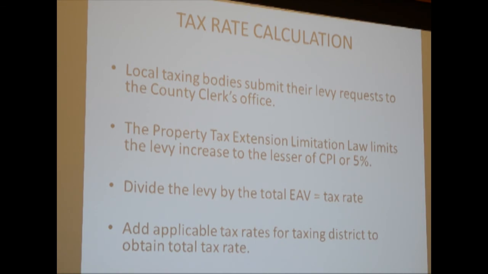And so the properties that are on the tax rolls, let's say there's 100 of them, you have to divide that $1 million by the 100 to come up with what's the tax rate to get that $1 million for that particular taxing body. And in this case, the $1 million, one year, they may be spending the exact same amount from year to year, but because there might be more or fewer houses or businesses or taxable properties. Because remember, there's not just homes; there's also businesses that are taxed.